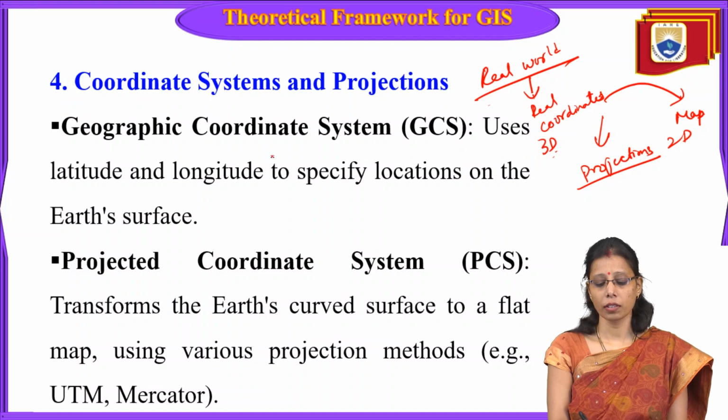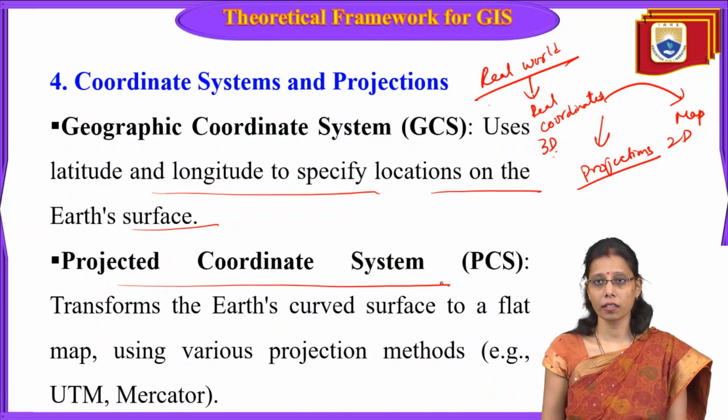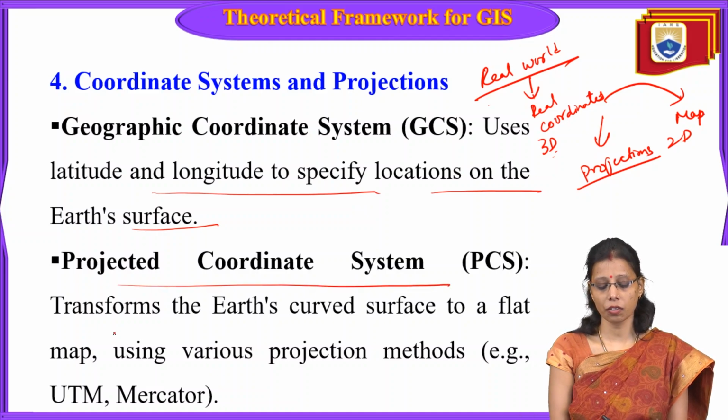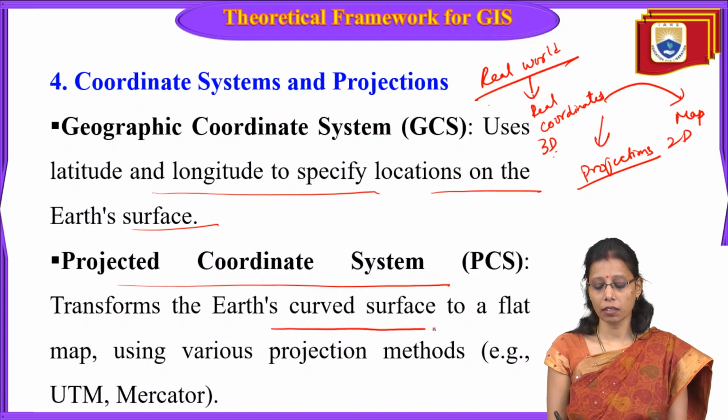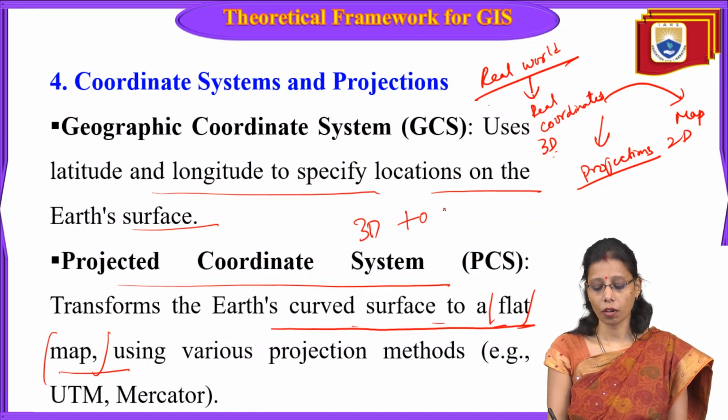The coordinate system uses latitude and longitude to specify locations on the Earth's surface. And what is a projected coordinate system? A projected coordinate system transforms the Earth's curved surface to a flat map. This is what I'm saying: Earth's curved surface to a flat map. This means 3D to 2D.